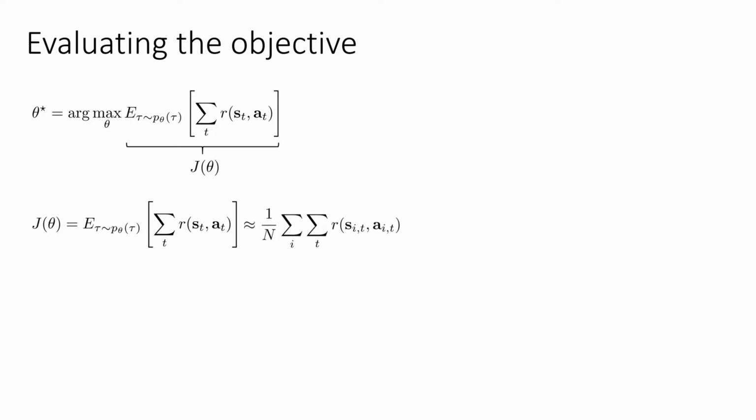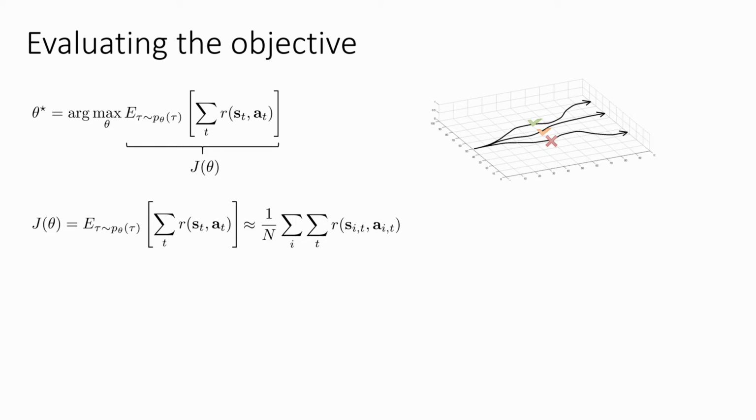So when you see me write an equation like this, that just means I drew capital N samples, and I'm summing over all those samples of the quantity inside the expectation, which is the sum over time of the reward. So you generate some samples, evaluate the total reward of each of those sample trajectories by summing together the rewards along all the time steps in those trajectories. So maybe the green one is the best one, the red one is the worst one, and the orange one is somewhere in the middle.